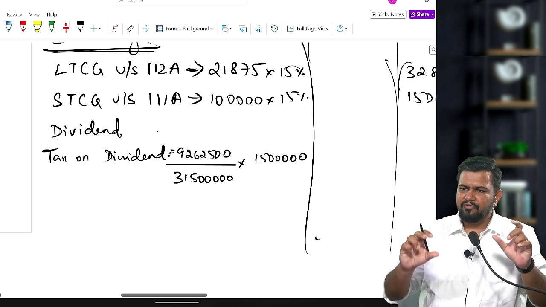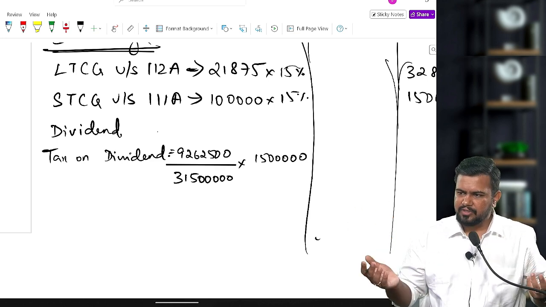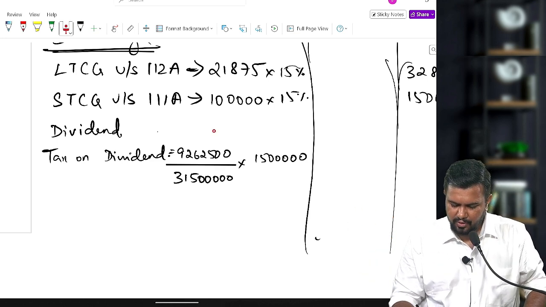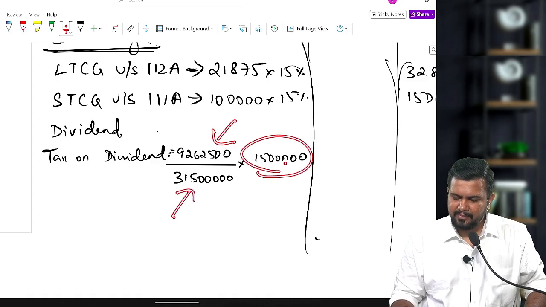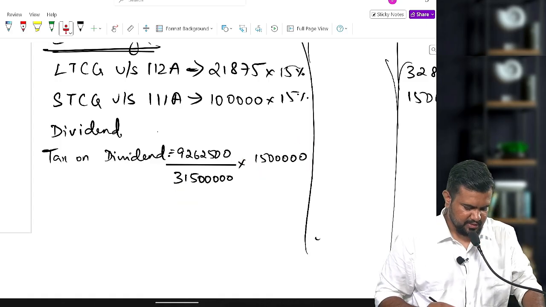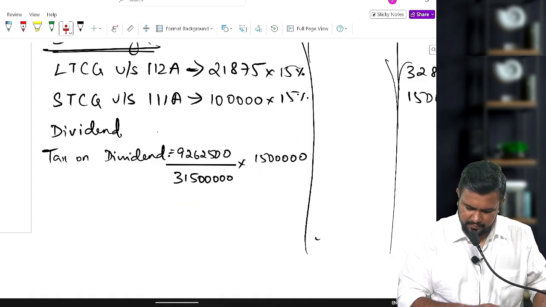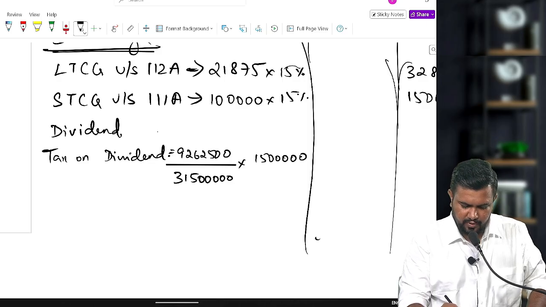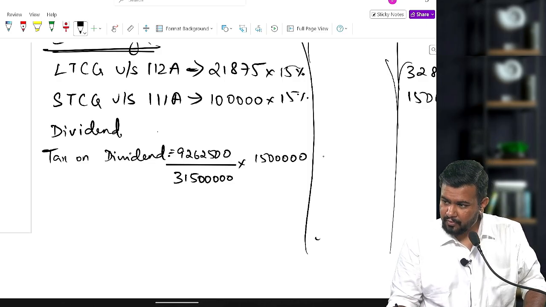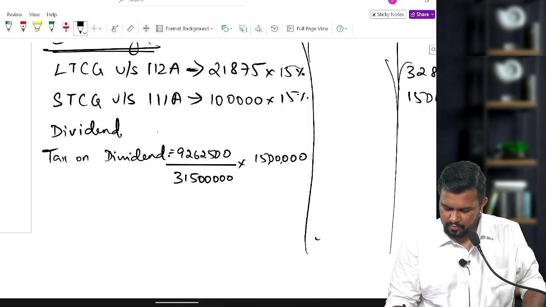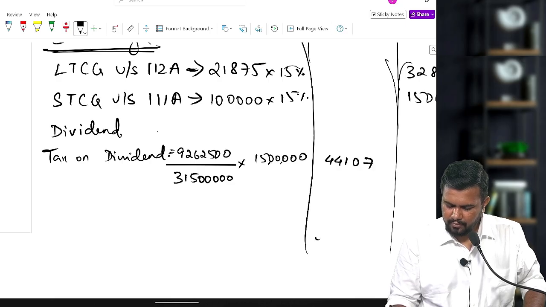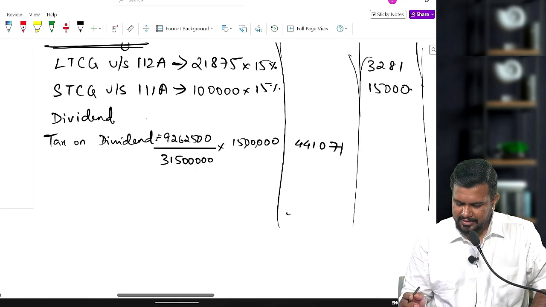Now we have to find the dividend tax, so we do the proportionate calculation: total divided by total multiplied by dividend is equal to dividend tax. How much? 441071. This is the tax on dividend.